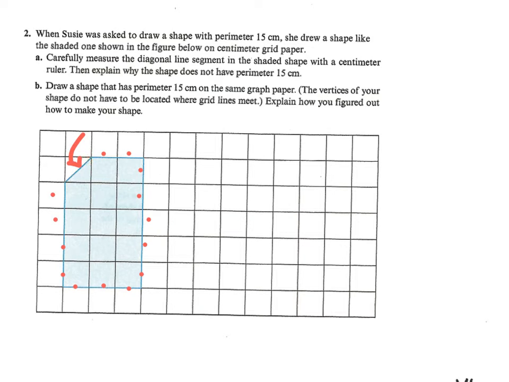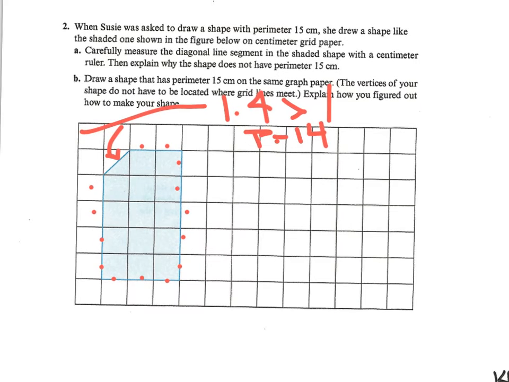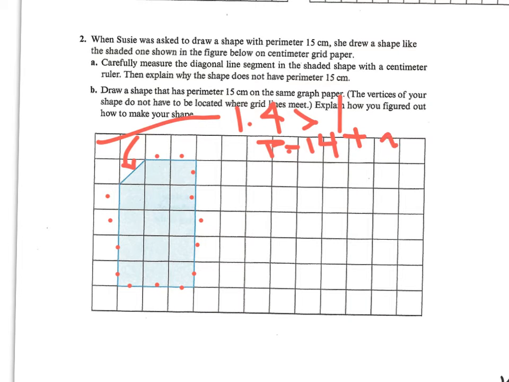So it's 14, and then plus this, which is a little less than 1.5, and we go through the Pythagorean theorem to actually find that. And so what Susie found was that 1.4, the size of that, is actually greater than just 1. So the perimeter should be equal to 14 plus about 1.4. So it's going to be equal to about 15.4 centimeters, not 15.